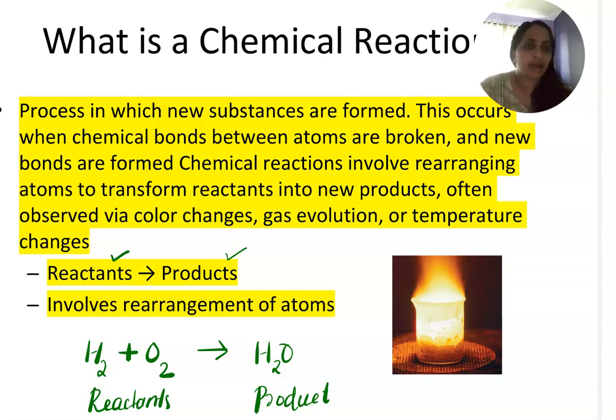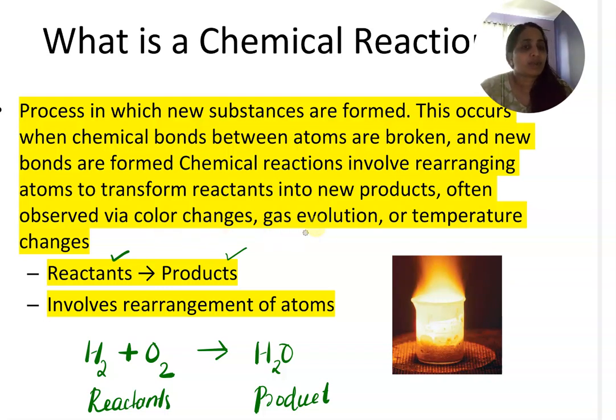So, how will you identify whether a chemical reaction happened or not? Different ways are there that we can identify. It is given here: color change during the chemical reaction. If some color change happens in the solution, we can identify that some chemical reaction has happened.